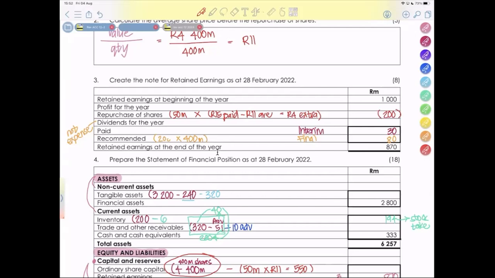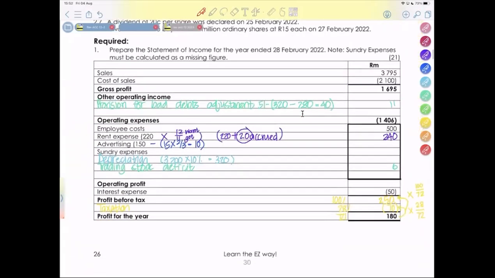Once you've done that, you can then do all your adding and subtracting just to finish off the entire question. In the statement of income, you can see that we've got the sales minus cost of sales, gross profit is already given. We only have one income amount, so we can just leave that 11 on its own.